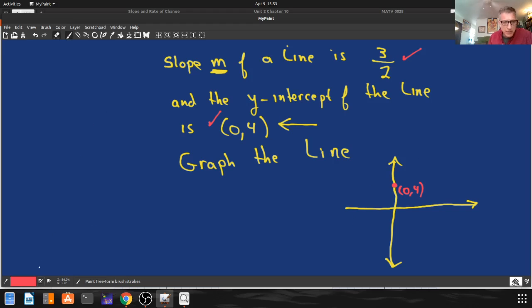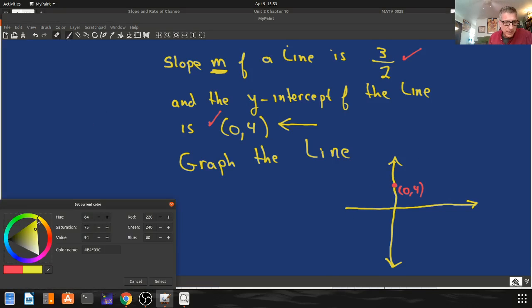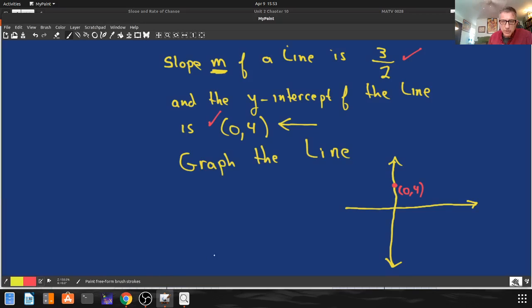Here are two ways we're going to learn how to do that, and you can pick and choose. Remember that 3 halves: the 3 is the change in the y's, and the 2 is the change in the x's.